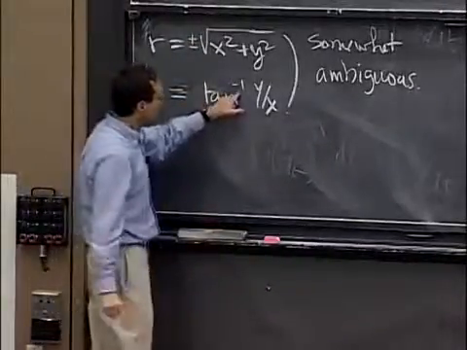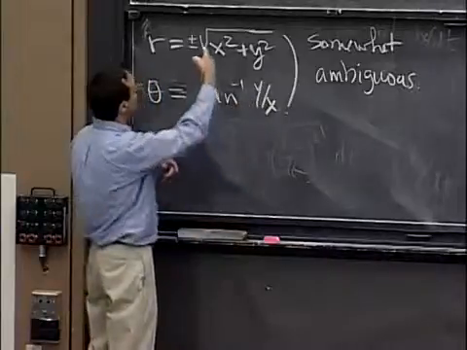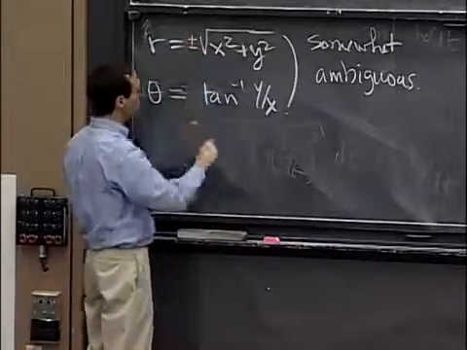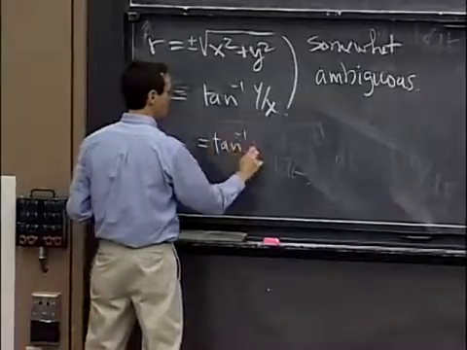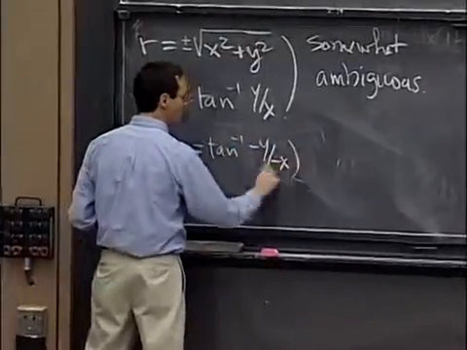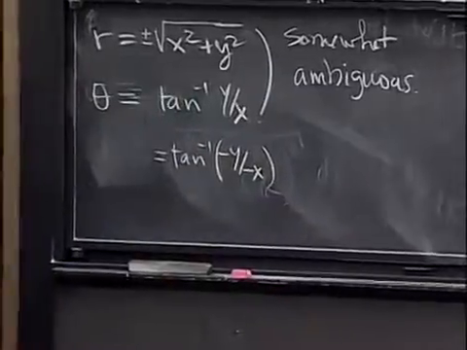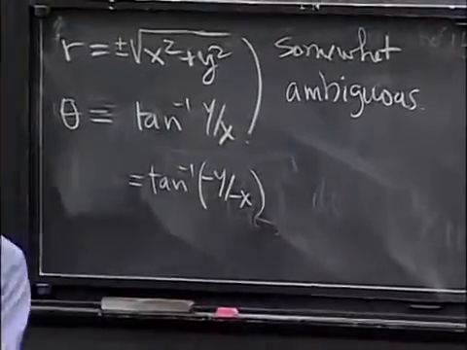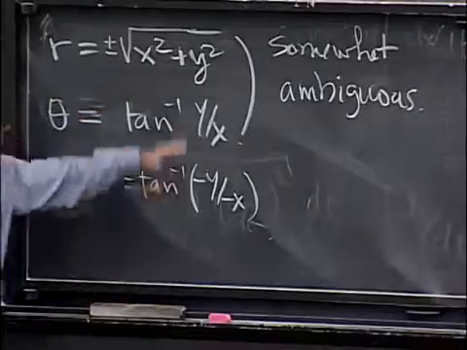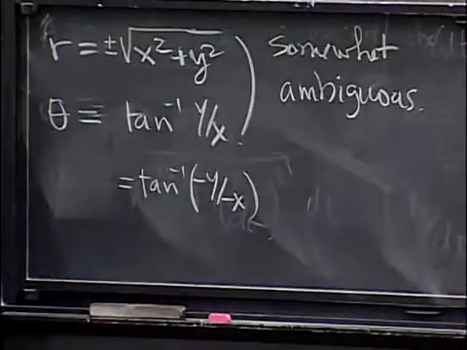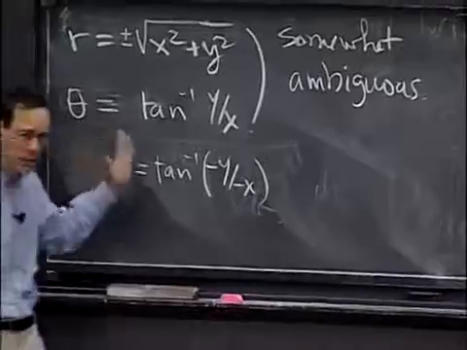And when you take the inverse tangent, there's an ambiguity: it's the same as the inverse tangent of minus y over minus x. So these minus signs are a plague on your existence. And you're not going to get a completely unambiguous answer out of these formulas without paying attention to the diagram.